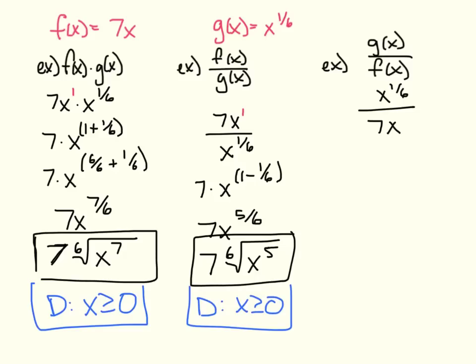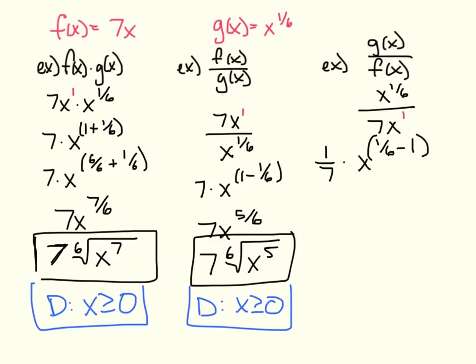To make this problem easier on myself, I'm going to break the number away. Okay? So the 7 that's in the denominator, that's the same thing as 1 over 7 times the things with the x's. So now that's x to the 1/6, to the 1 over 6 minus 1, because this is being raised to the first power.